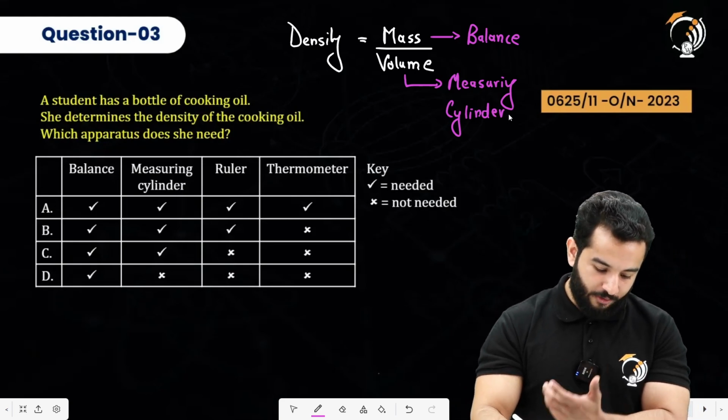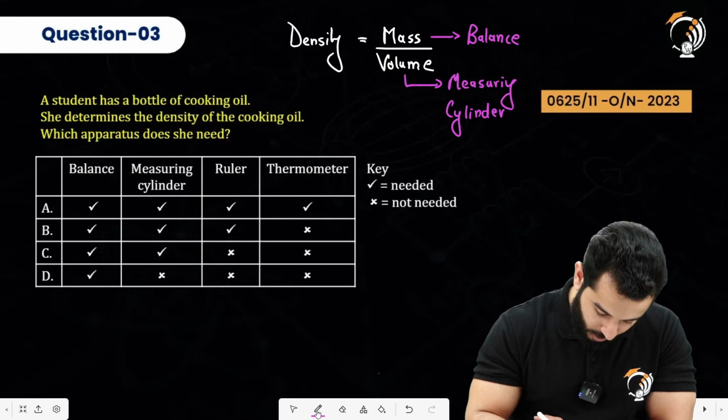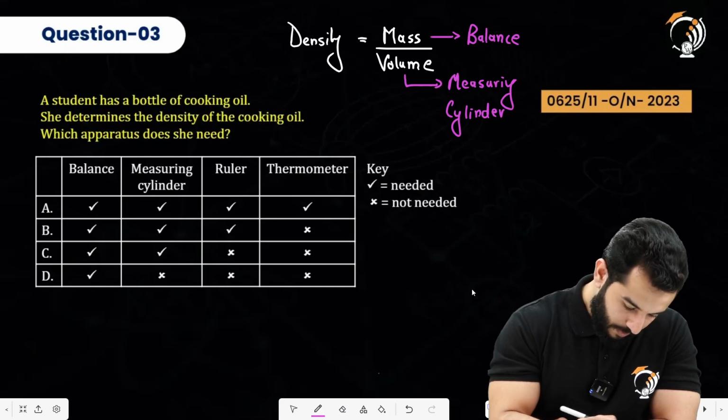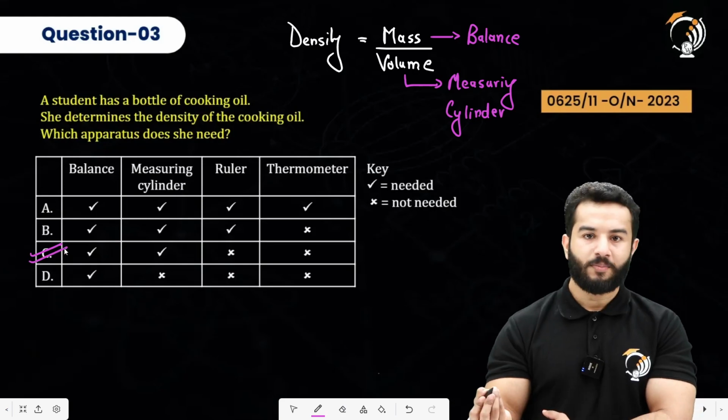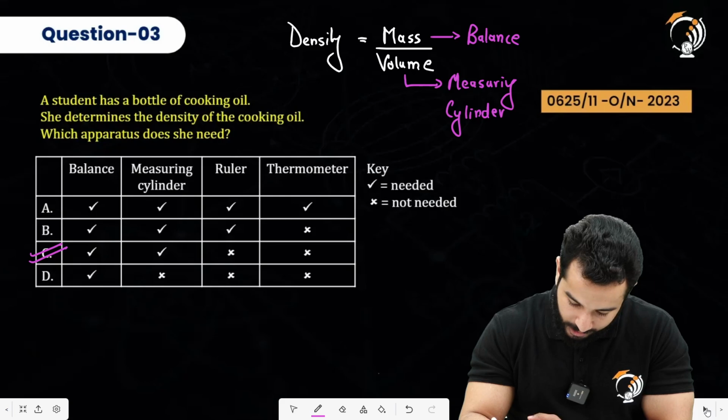So we don't have any use for ruler or thermometer. So the correct answer for this one is going to be a balance and a measuring cylinder, that is option C, right? With this, let's move to next question.